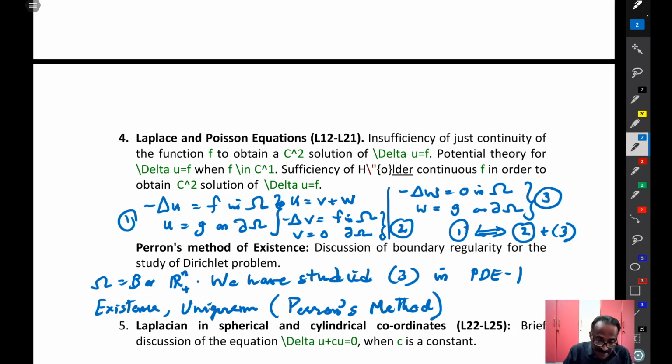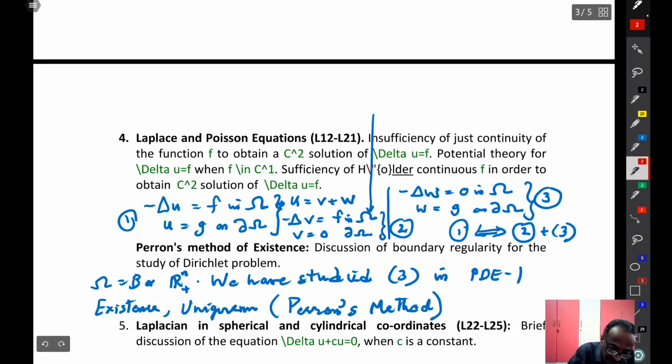But then we have another part, so let me discuss this now. I don't want to take another page here. You want to study the other equation, and this is what we call the study of potential theory.